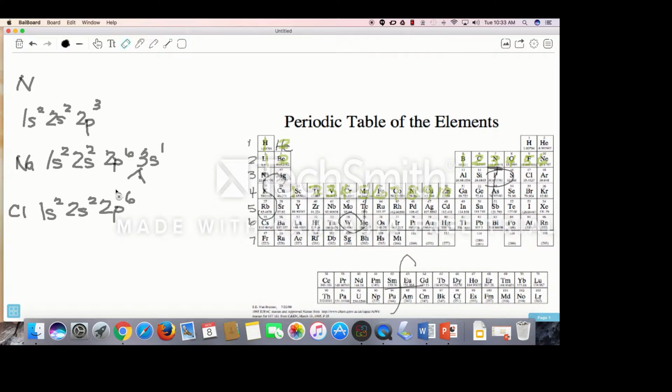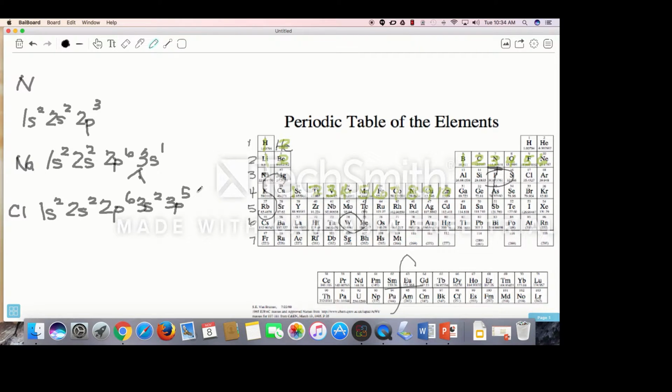All right, after 2p6, we come down to 3s, 2 electrons. We count 1, 2. After 3s, we go over to 3p. And if you count with me for 3p, that's 1, 2, 3, 4, 5. And that is going to be our superscript.